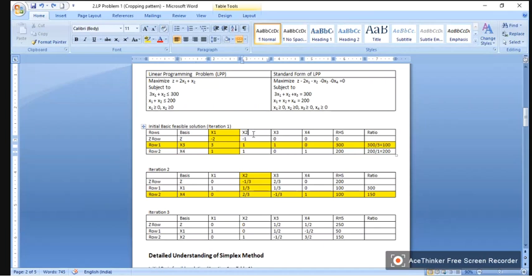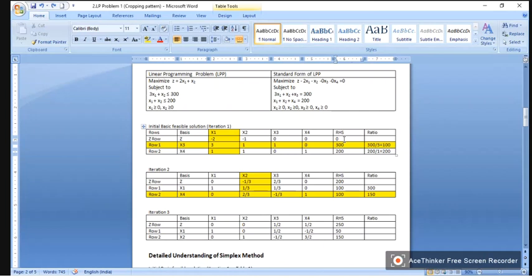Their values are 0 automatically. So the solution is x1 is equal to 0, x2 is equal to 0, x3 is equal to 300, x4 is equal to 200, and z value is equal to 0.